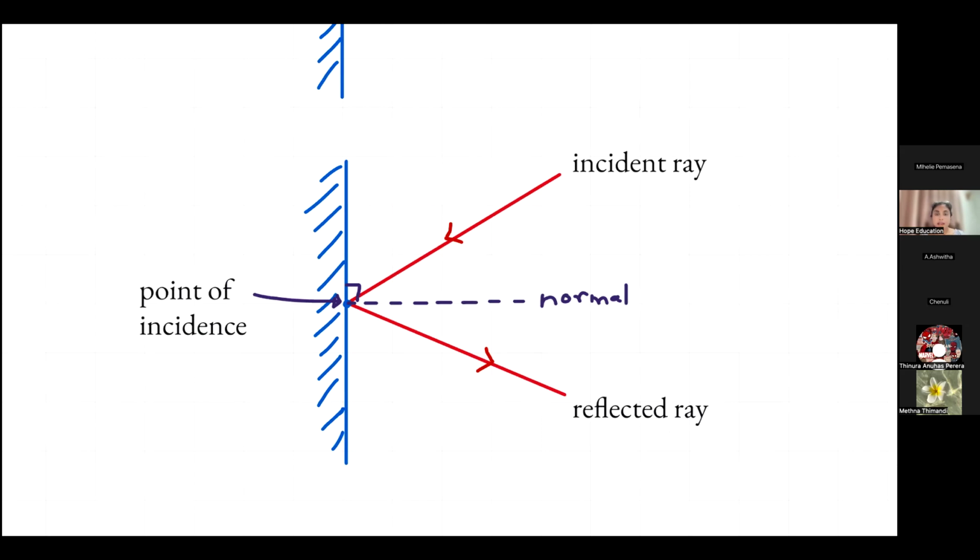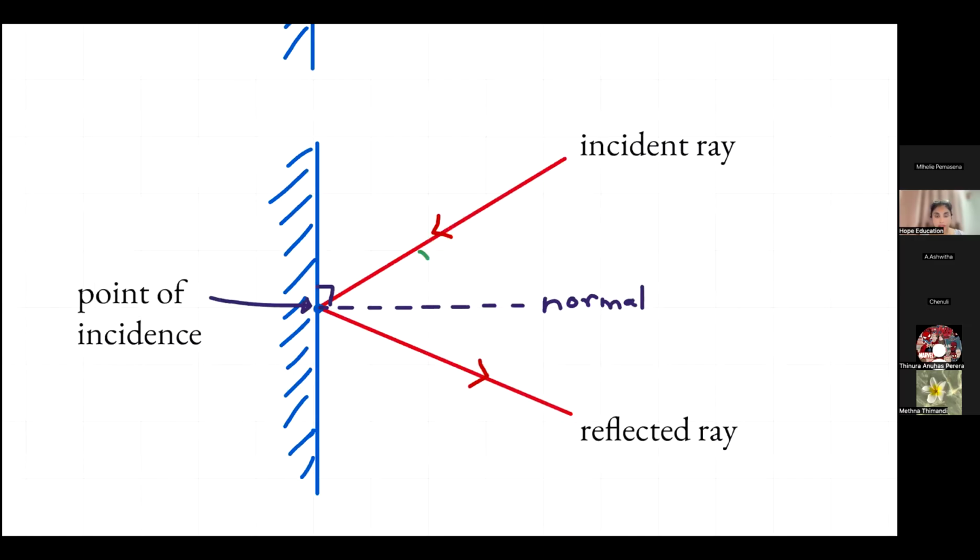That is the angle between the incident ray and the normal. I label it as small i. We call this the angle of incidence.